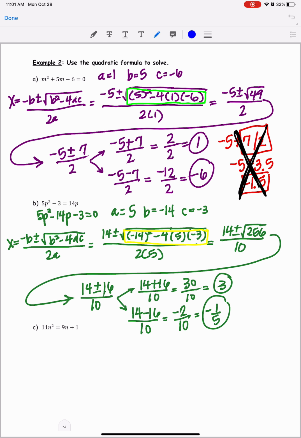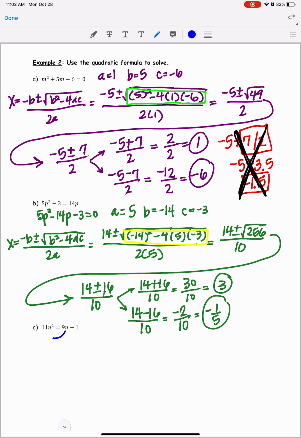Okay, and then on C. Is this in the correct form? No, it is not. And if you remember, we want this squared term to be positive.